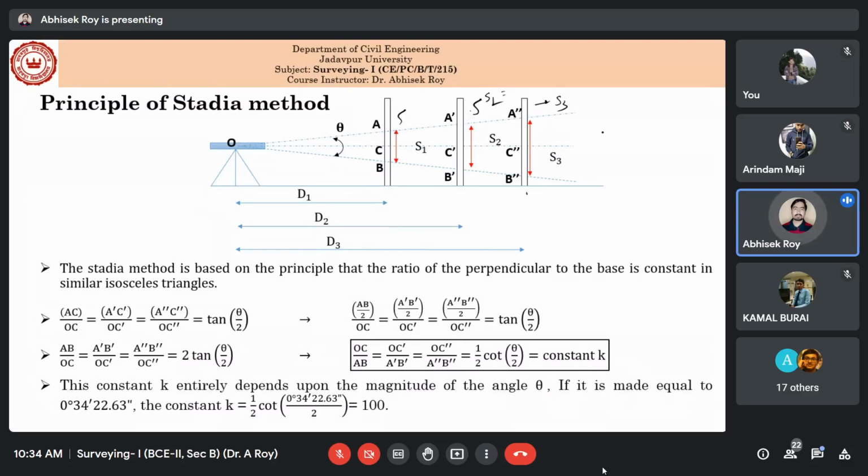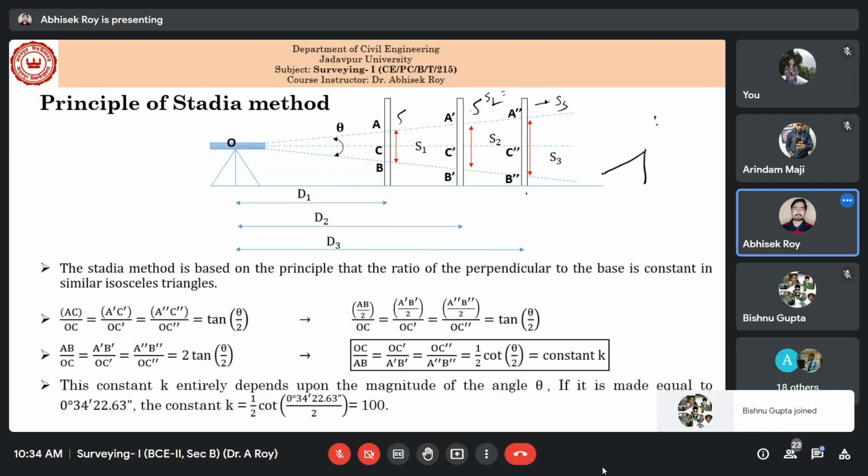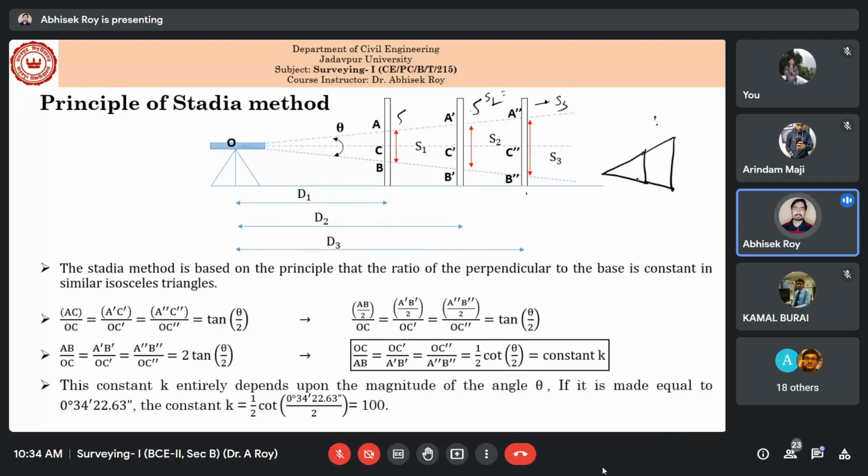So let us look at this triangle. These are the triangles, as you can see. This is O, this is A, this is B, this is A dashed, this is B dashed, and that is B double dashed, A double dashed.